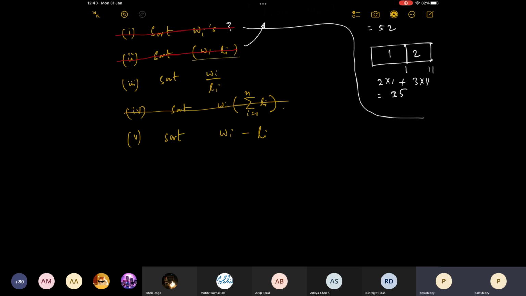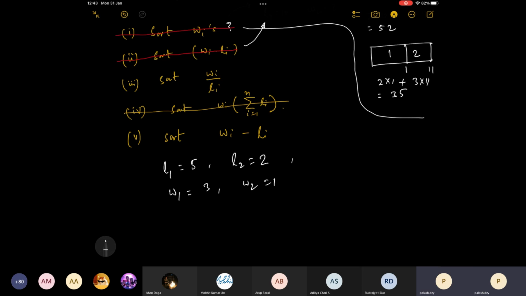So how about this example? Say L1 equal to 5 and L2 equal to 2, and W1 equal to 3 and W2 equal to 1.